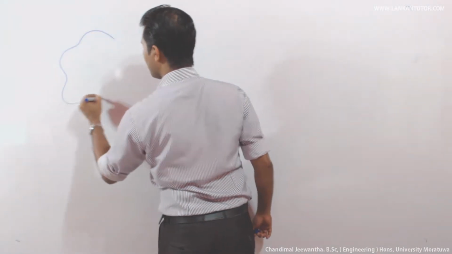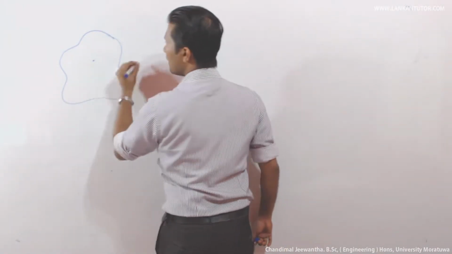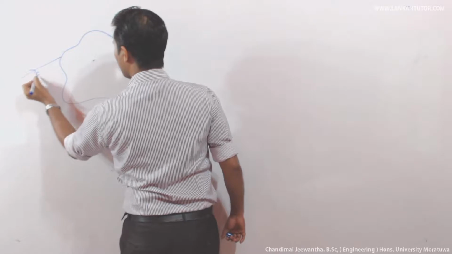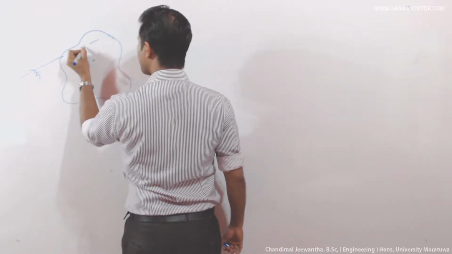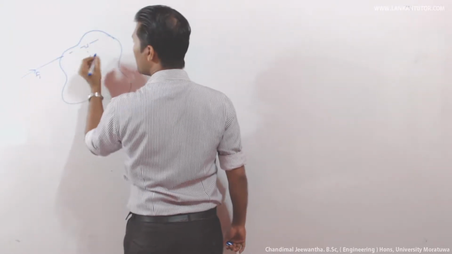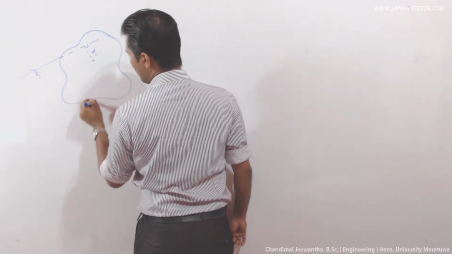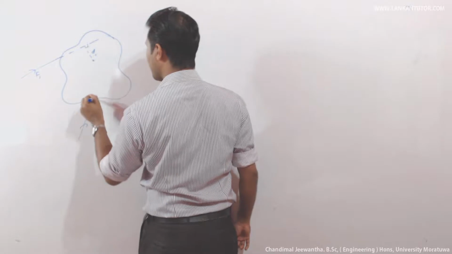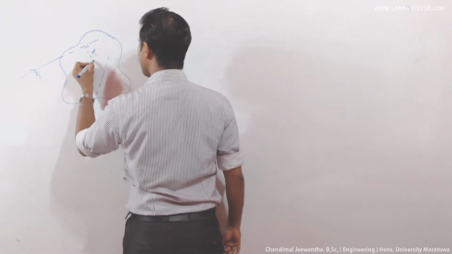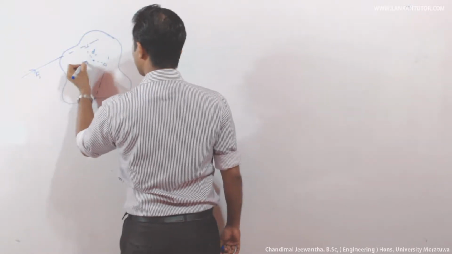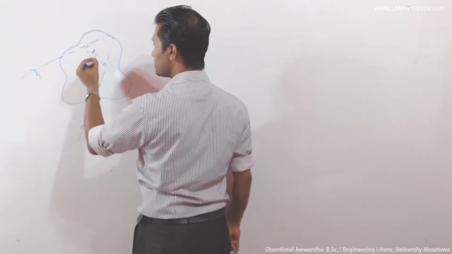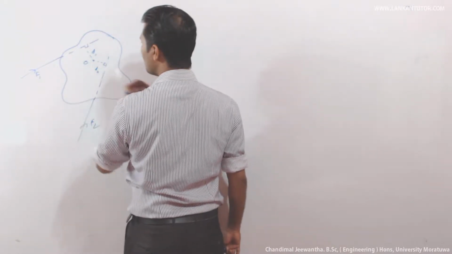Now we can find the algebraic sum of moments around a particular axis. That particular axis goes through O. This is D2.